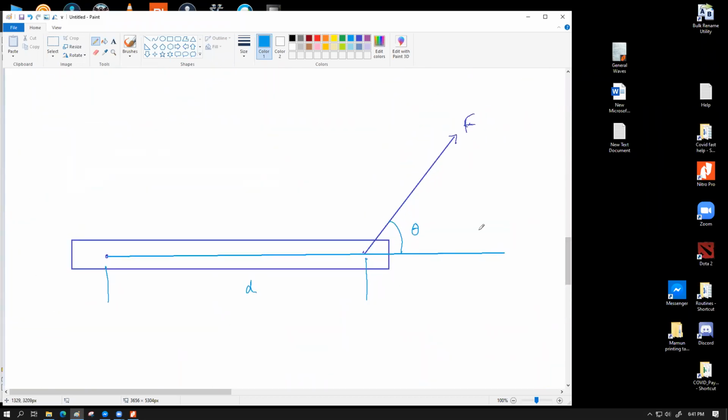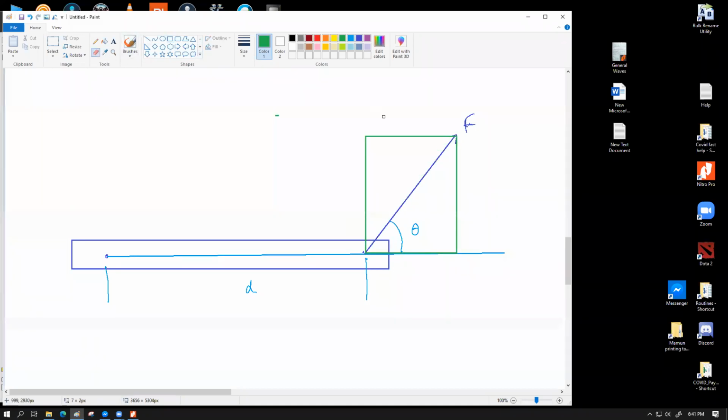The alternative way, other than drawing the perpendicular on the force, is to divide the force so that it has two components, one perpendicular to this line and one aligned to this line. Have a look at what I'm doing. I'm going to use green to draw a rectangle this big.